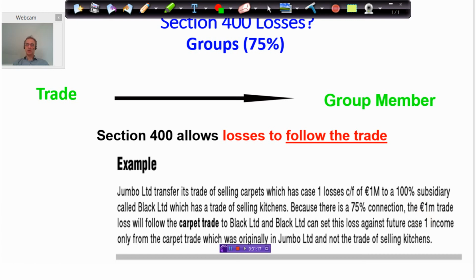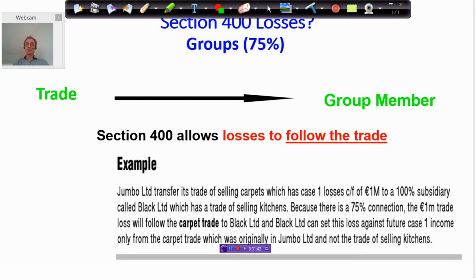Now, the only thing that we have to bear in mind is that because the carpet trade, in which the loss was incurred, has been transferred, we can only utilize the loss against future income that is relevant to that trade and not to the trade that the new company, i.e. Black Limited, already carries on, which is selling kitchens.